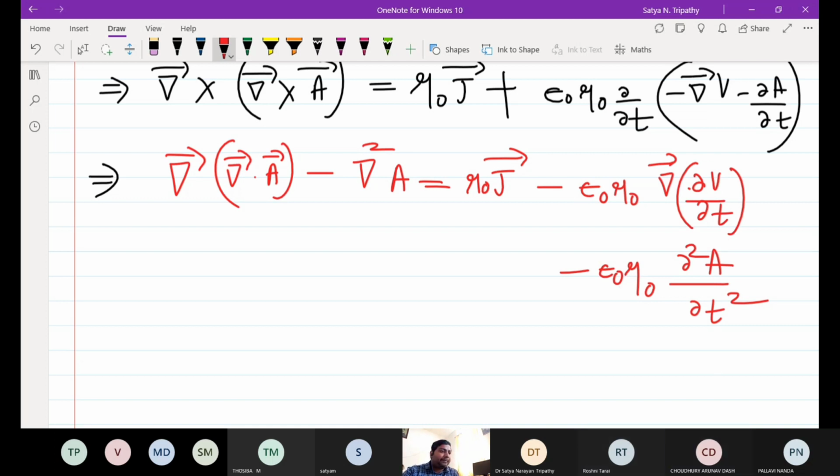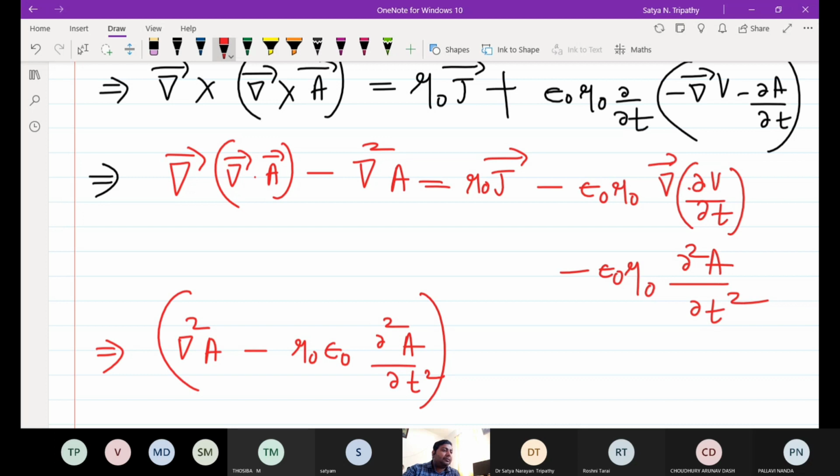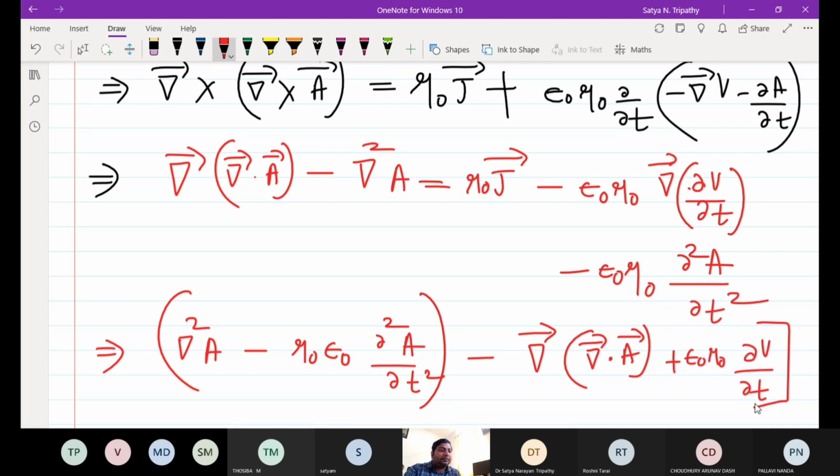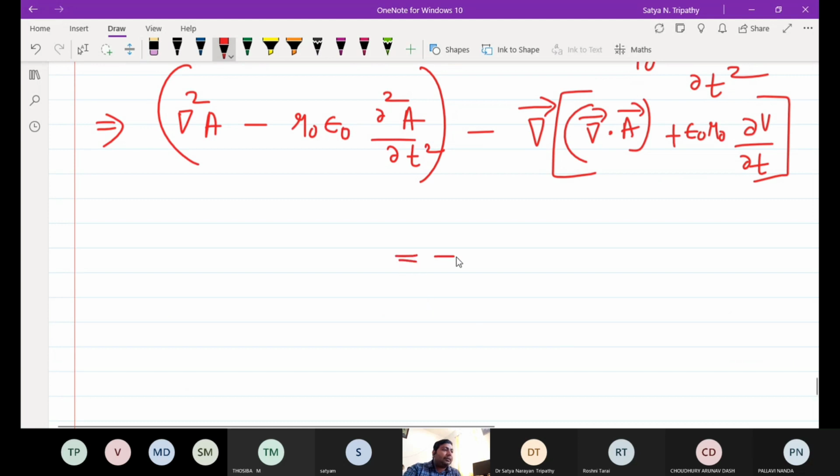Yes, sir. Okay. So next I'm writing del square A minus mu 0 epsilon 0 d square A by dt square minus gradient of del dot A plus epsilon 0 mu 0 dV by dt is equal to minus mu 0 J. Is it clear?